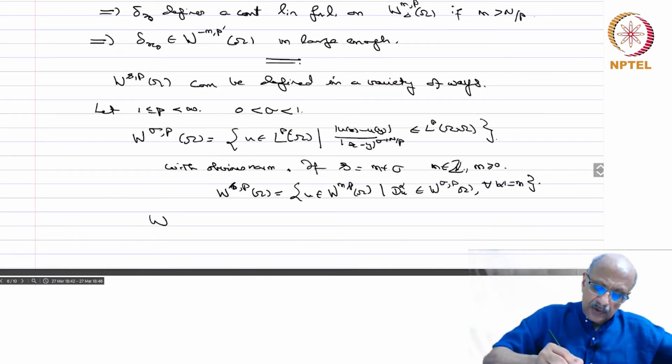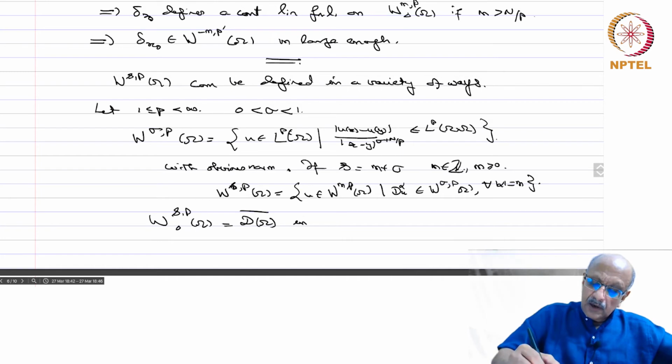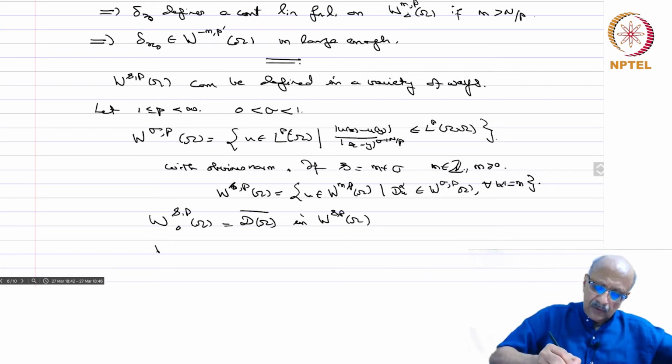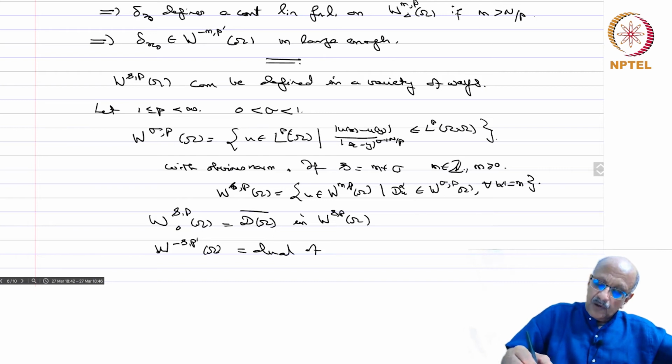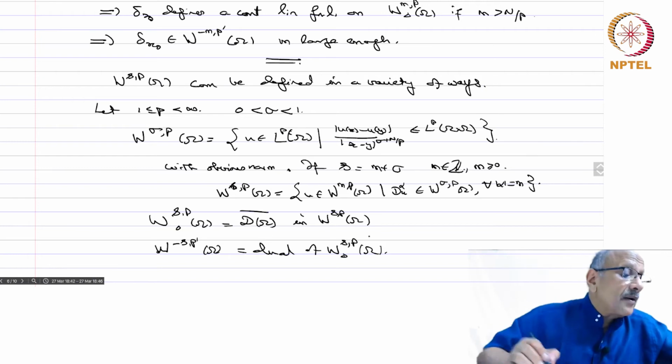Now W^{s,p}_0(Ω) is the closure of D(Ω) in W^{s,p}(Ω), and W^{-s,p'}(Ω) will be the dual of W^{s,p}_0(Ω).